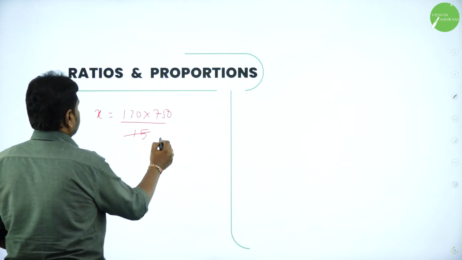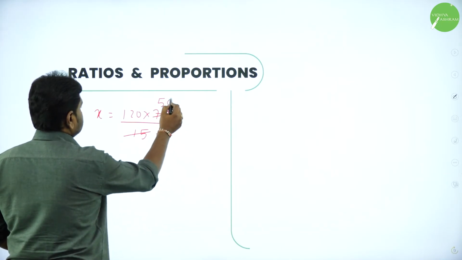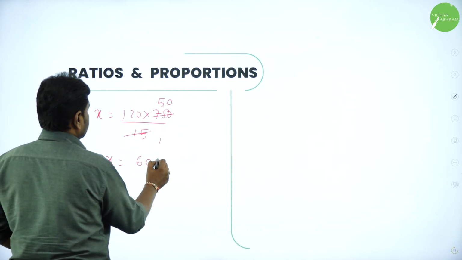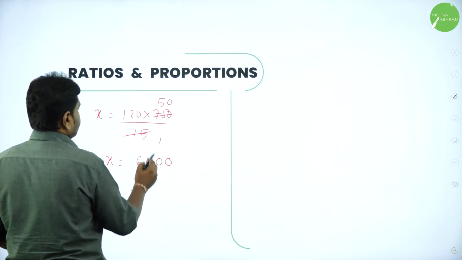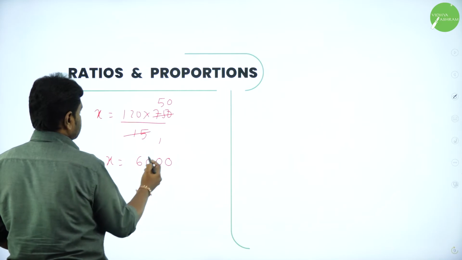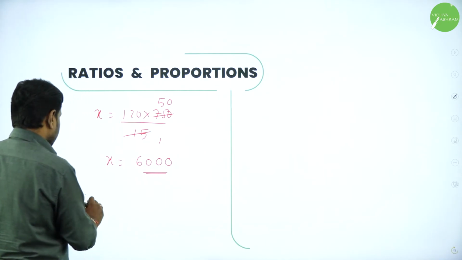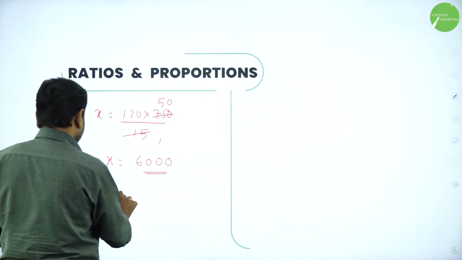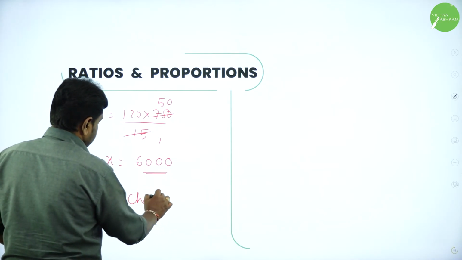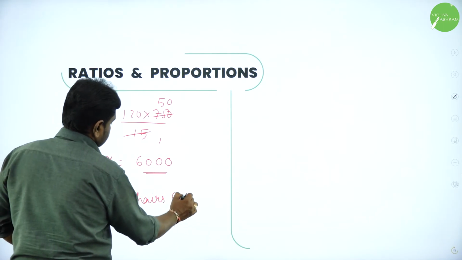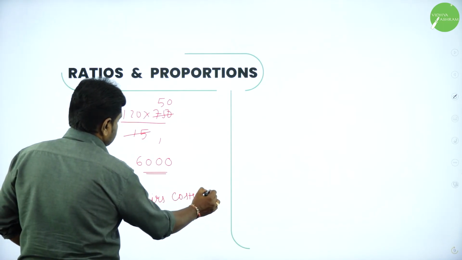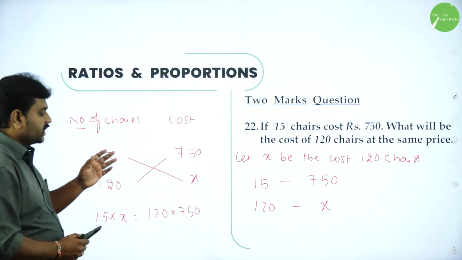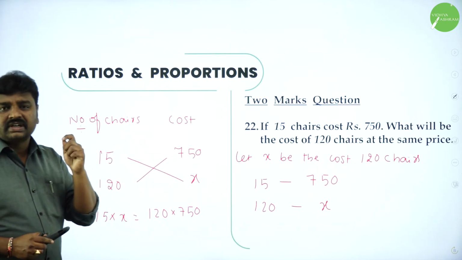Simplify this. 15 ones are 15, 15 5s are 75, so 12 5s are 60, and with two zeros, 6,000 rupees. Therefore, 120 chairs cost rupees 6,000. So, dear students, I used the technique of direct proportion.